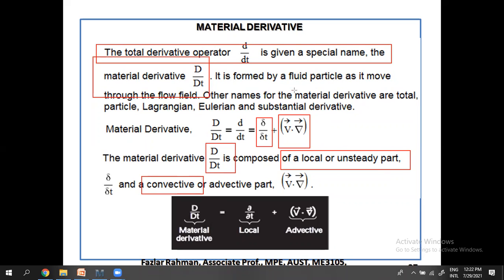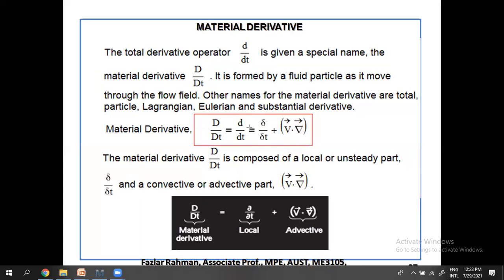Other names of the material derivative are total derivative, Lagrangian derivative, Eulerian derivative, sometimes substantial derivative. It has two parts: this is called the local or unsteady part, and this one is called the convective or advective part, because this one represents the motion of the fluid along all three axes.